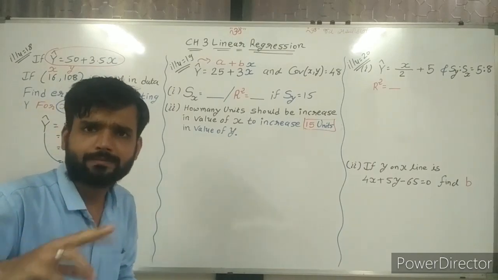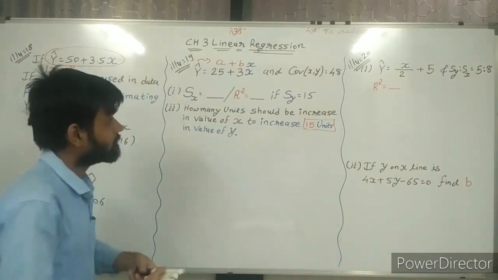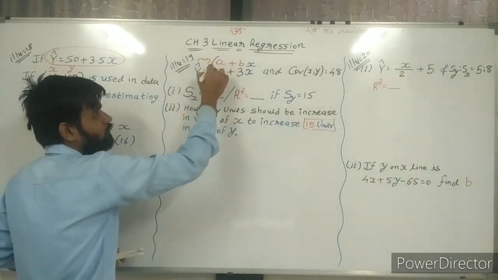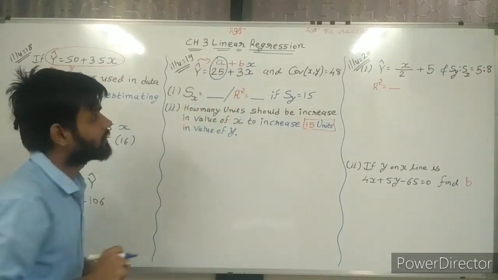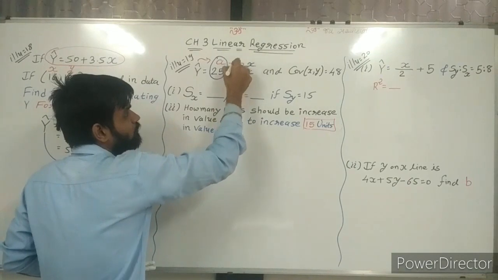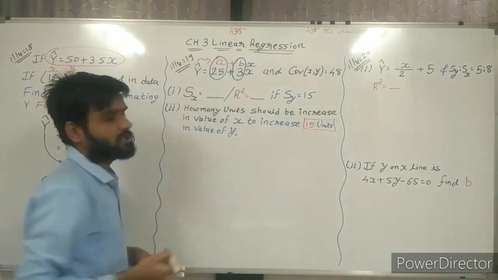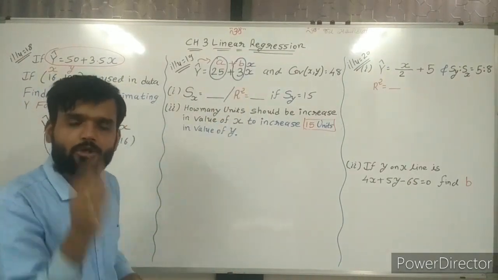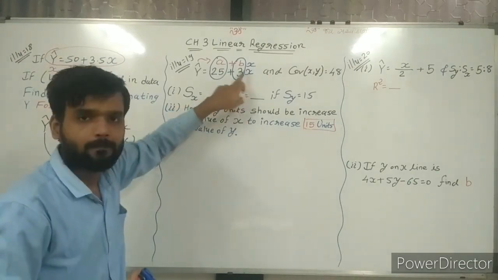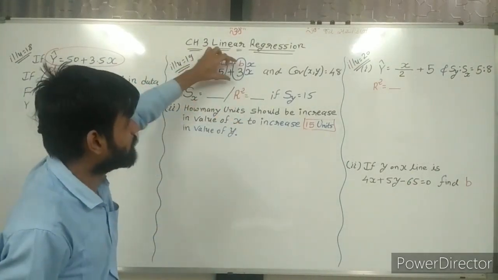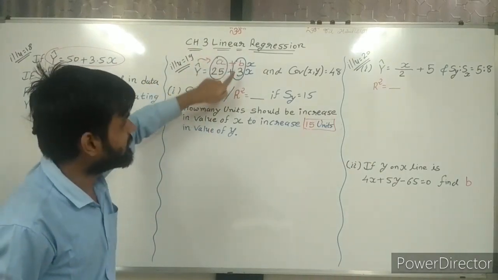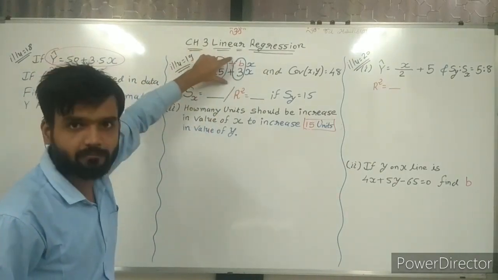Now compare. A is equal to 25. B is equal to 3. Whatever coefficient is given with x is called b. So b is equal to 3 because signs are same.